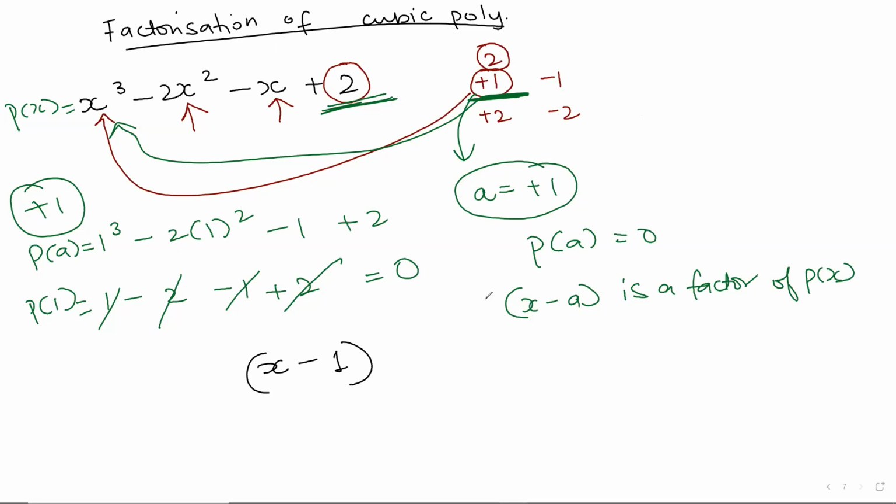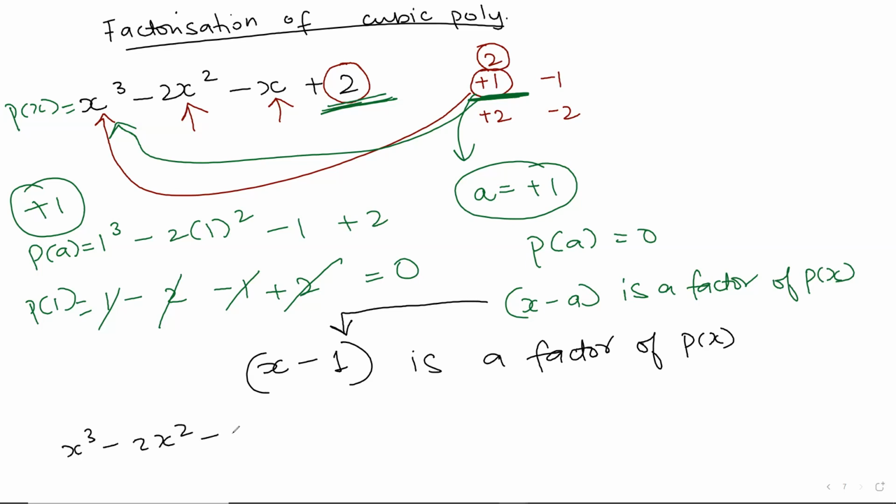So basically what we are saying from the factor theorem is that x minus 1 is a factor of P of x. So if x minus 1 is a factor, that means, now listen carefully, our P of x, which was x cube minus 2x square minus x plus 2, can be written as x minus 1 into something over here. Yes or no?